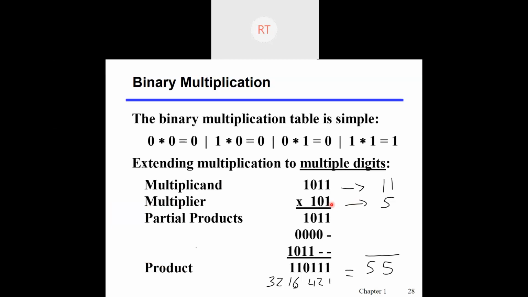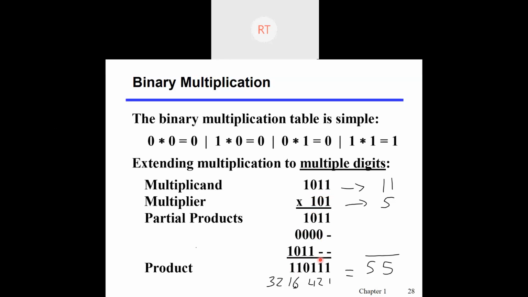What I am doing, I am multiplying this one by 1011, I get a 1011. Now I shift left, so I am multiplying 0 by 1011. Of course, 0 multiplied by anything is a 0. Then I shift left again, I am getting the 1, and I multiply 1 by 1011, it's 1011.